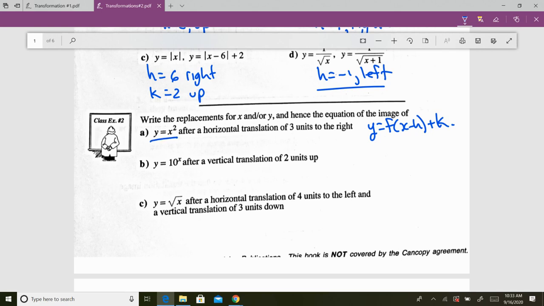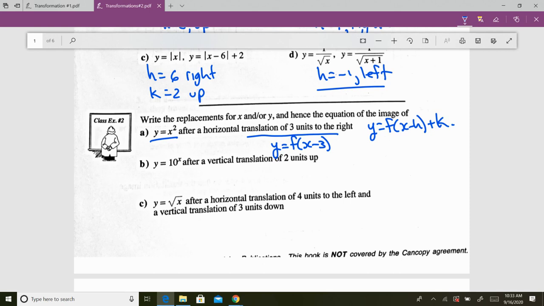Horizontal translation, 3 units to the right. So is that an h or a k? H. So if we put it into this formula, we're going to get f of x minus 3. There is no k value, so it's 0, so we don't have to write it.